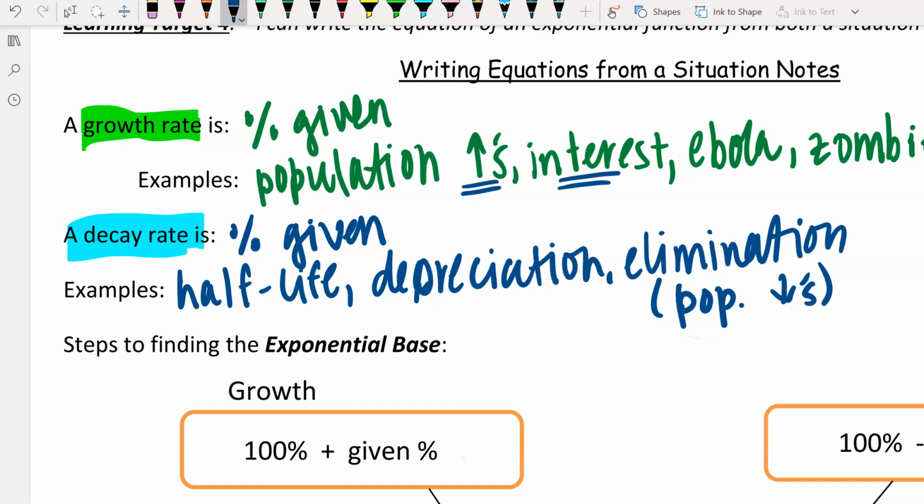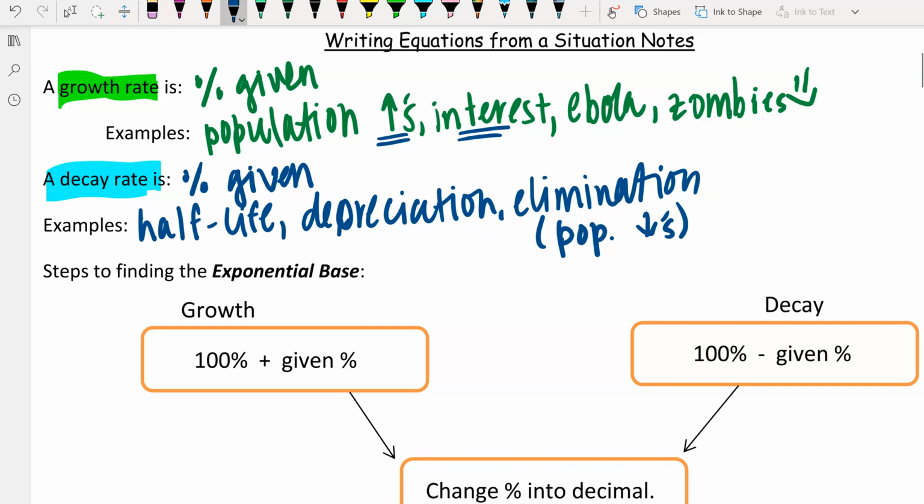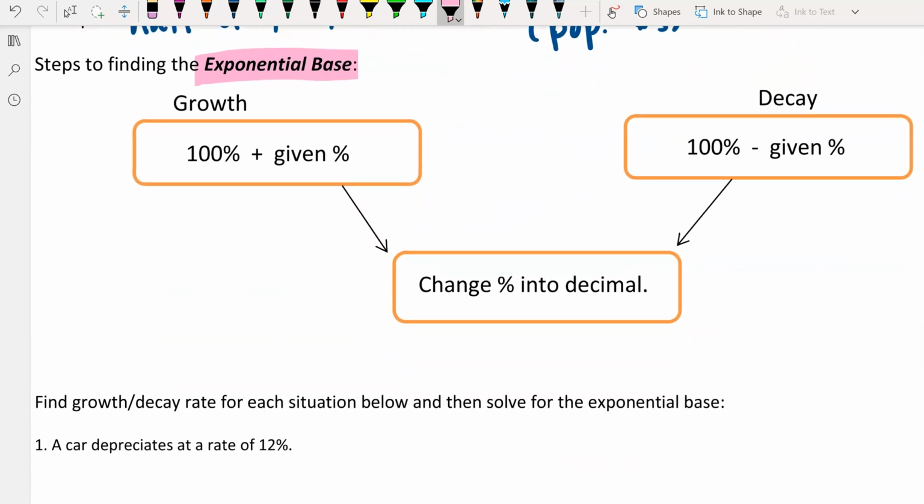Okay, so to find the exponential base, which is different from the rate, okay, so the growth rate and the decay rate are a specific percentage, like it's growing at 5% per year, or your car is depreciating at 3% per year. The exponential base here is the base of your exponential function.